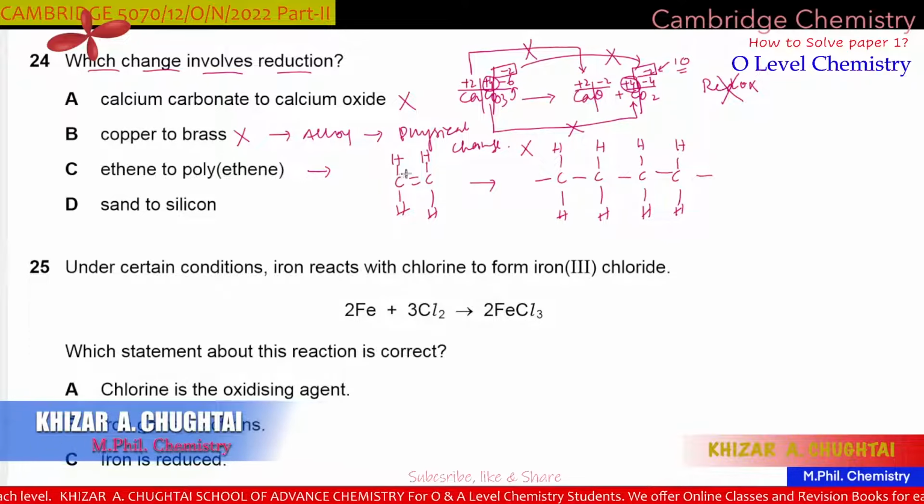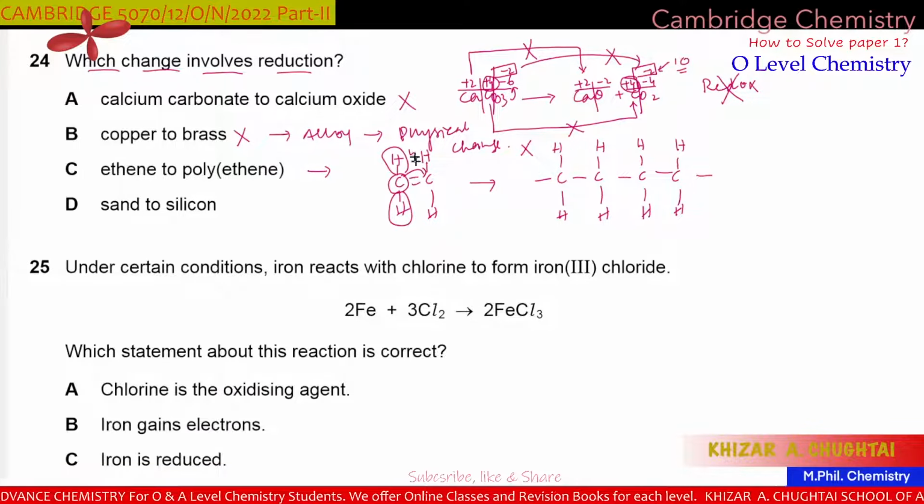In ethene, one carbon is bonded with the other carbon atom. Carbon has 2 hydrogen atoms. The same is the case over here, carbon is bonded with carbon and has 2 hydrogens, and so on.